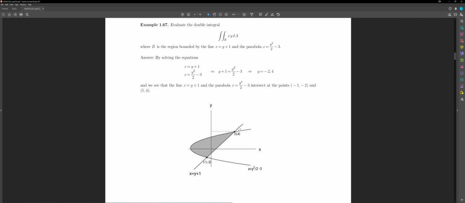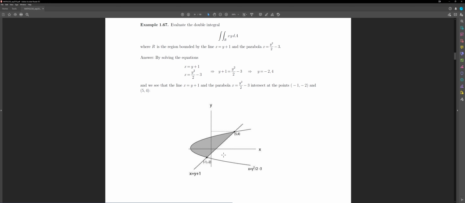Okay, so this is a region that is type 2, right? Now, if it's type 2, you have top curve as a function of y, bottom curve as a function of y, and the region needs to lie between 2 horizontal lines, which this one does, right? It lies between your line y is equal to 4 over here, and then your line y is equal to minus 2 over here.